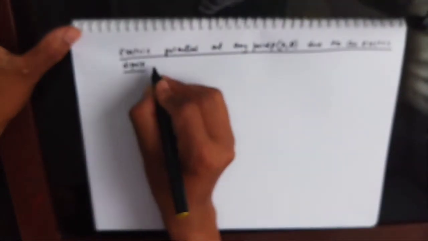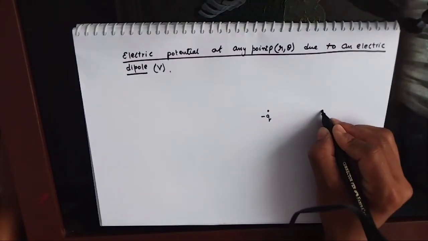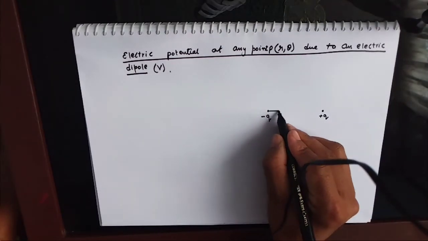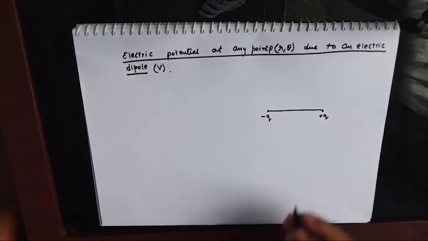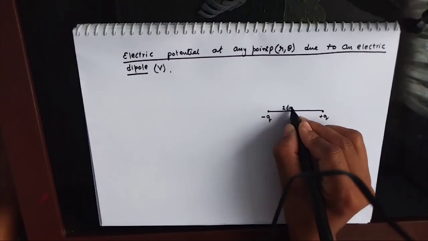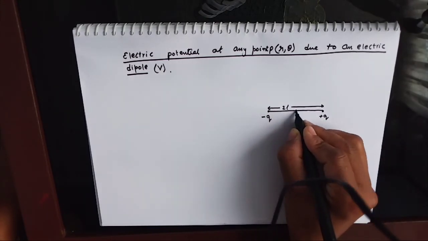Okay, so let us find V. Now, let us consider a dipole. This one is minus Q, this one is plus Q. Then the distance from minus Q to plus Q, say it is 2L. Somewhere here is the center of the dipole.